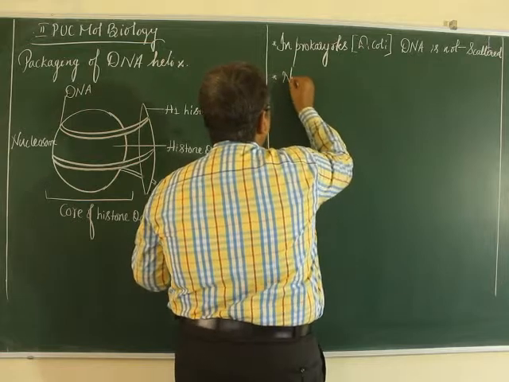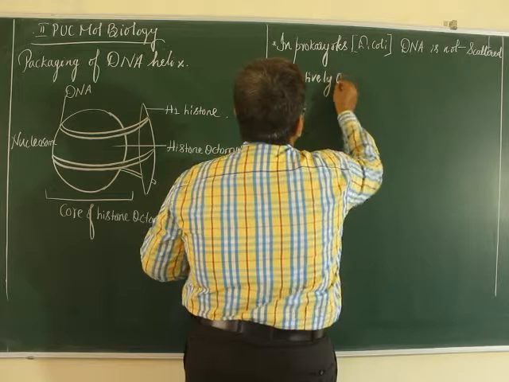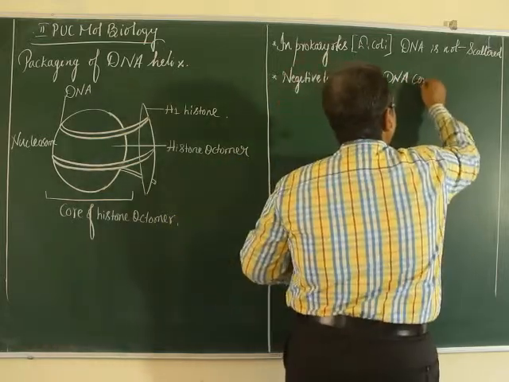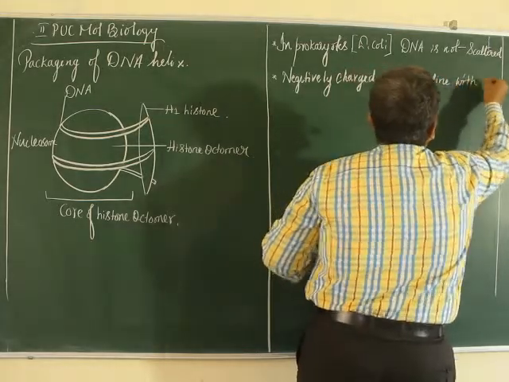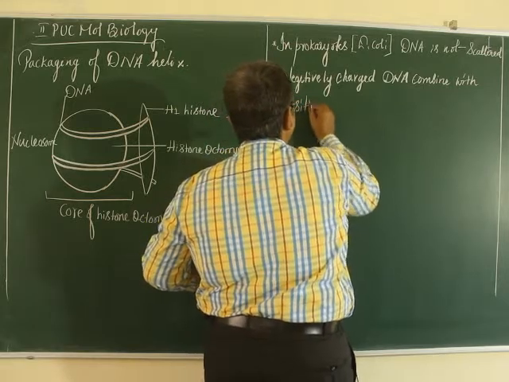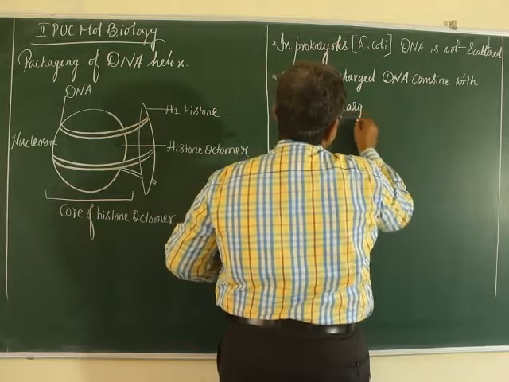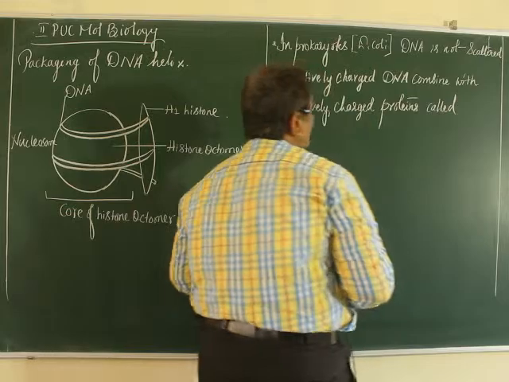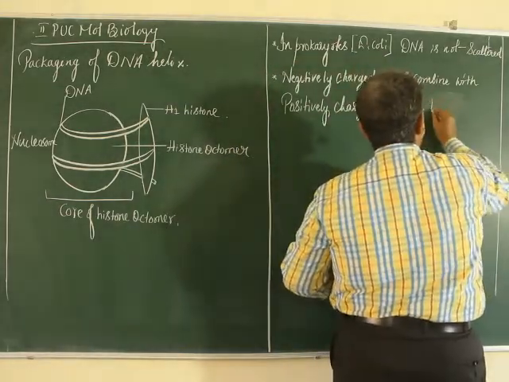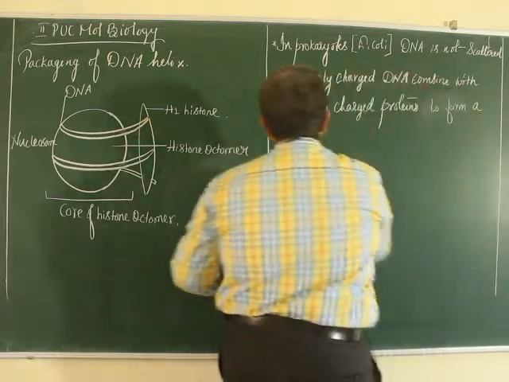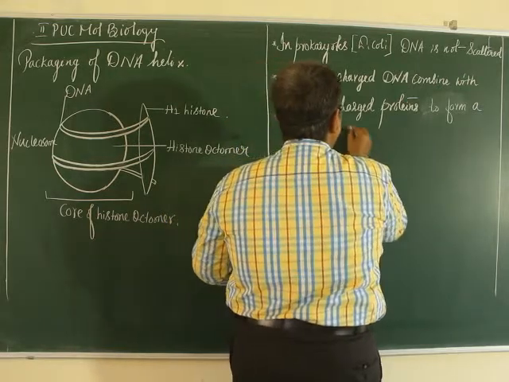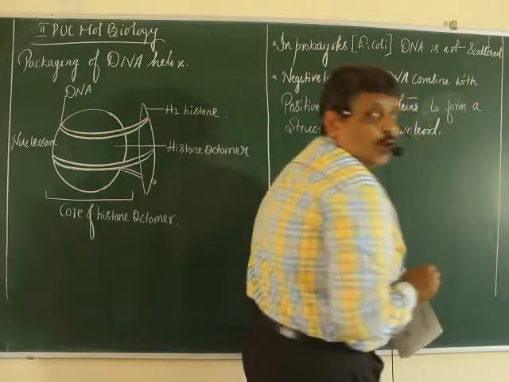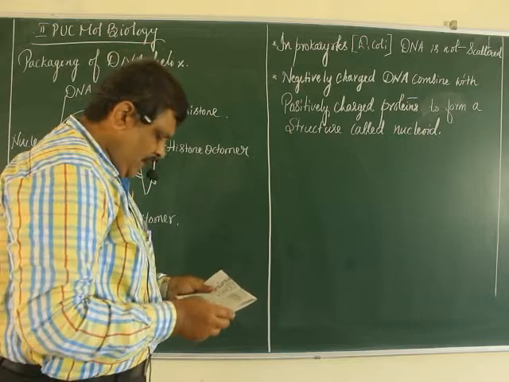The negatively charged DNA combined with positively charged proteins forms a structure called the nucleoid.